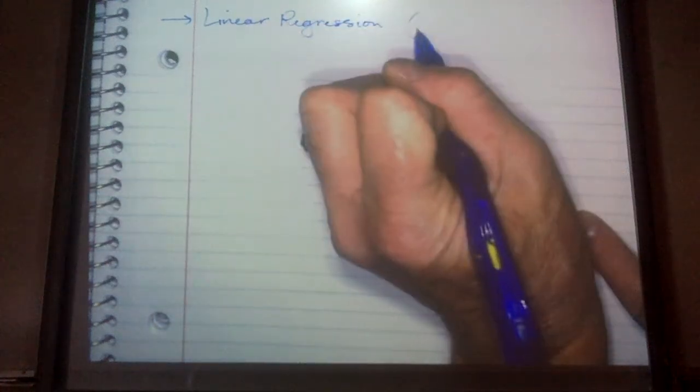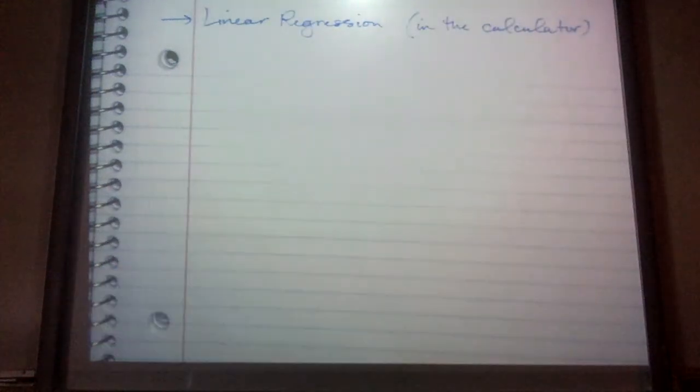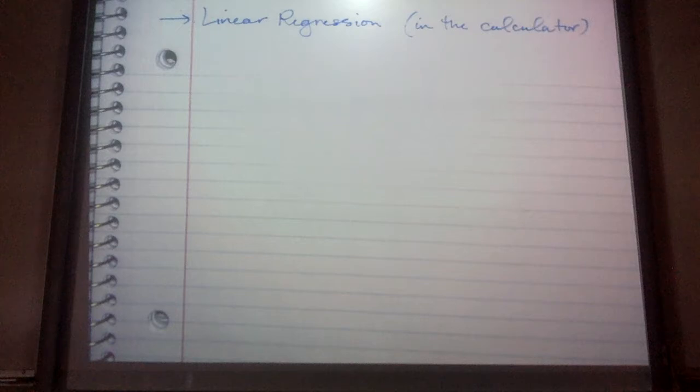All right, so the next part of this chapter goes over something called linear regression. And I'm going to show you how to do this in the calculator. If you want to use Desmos, you can use Desmos, but either one is easier than doing it by hand.